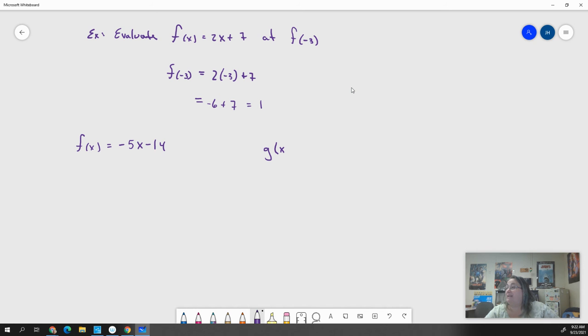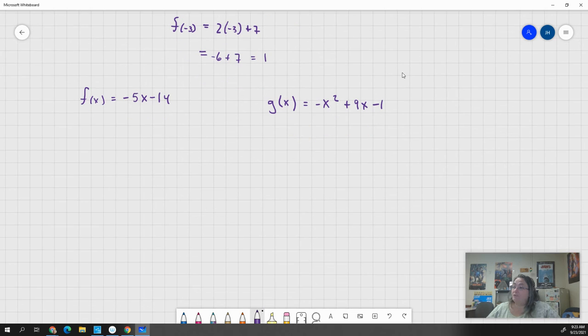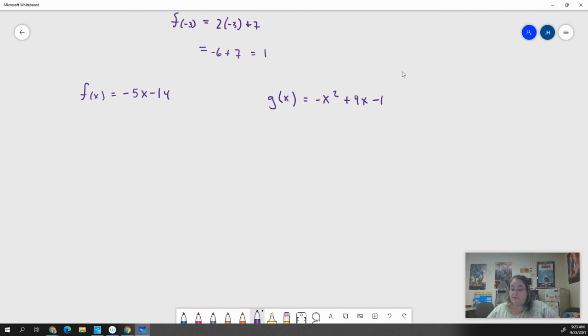You want them to have different names. g of x equals -x squared plus 9x minus 1.